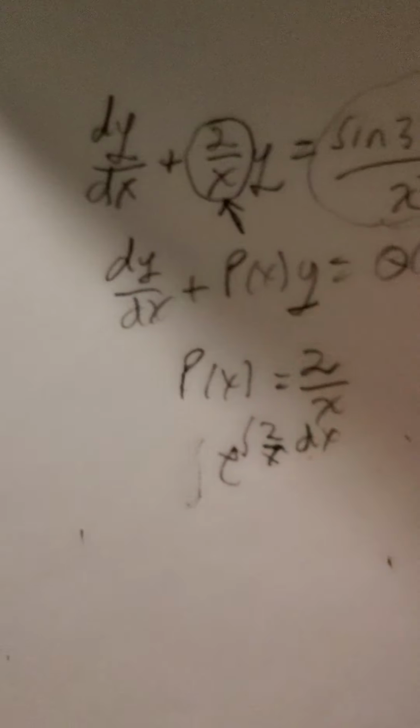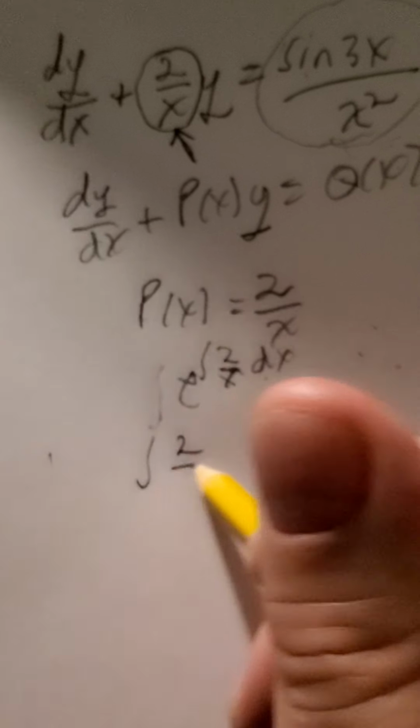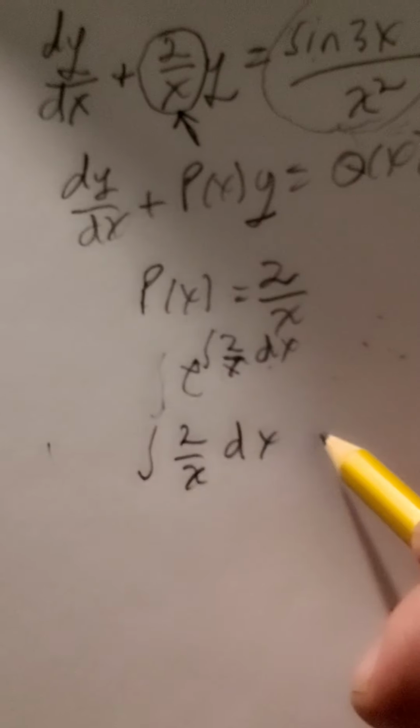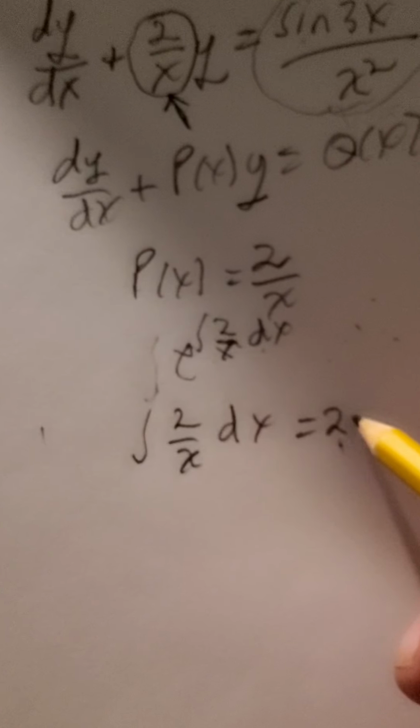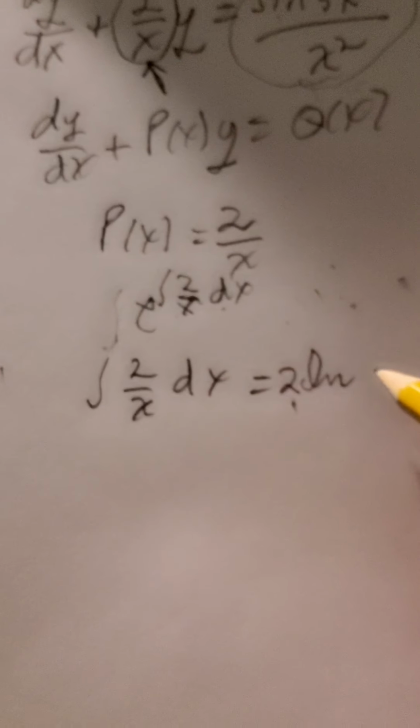That will be my multiplier. Okay, but what is the integral of 2 over x dx? The integral of 2 over x dx equals 2 times the natural logarithm of x.